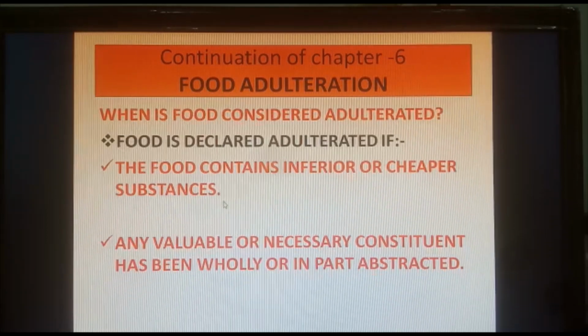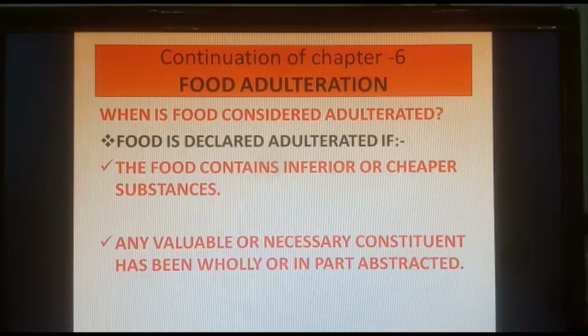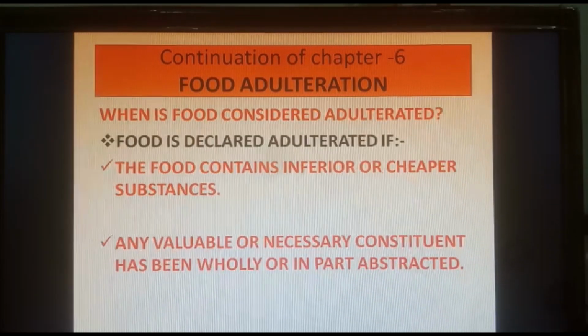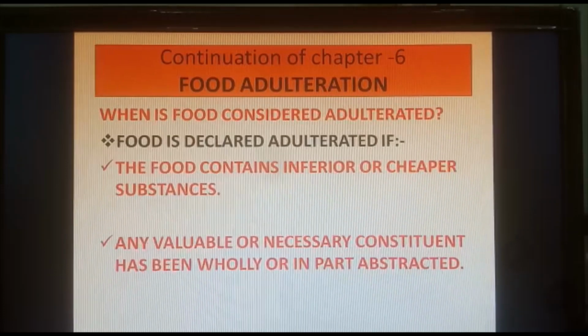For example, good quality sugar can be adulterated by adding low quality same product, that is sugar, where impurities like dust, chalk powder can be present.